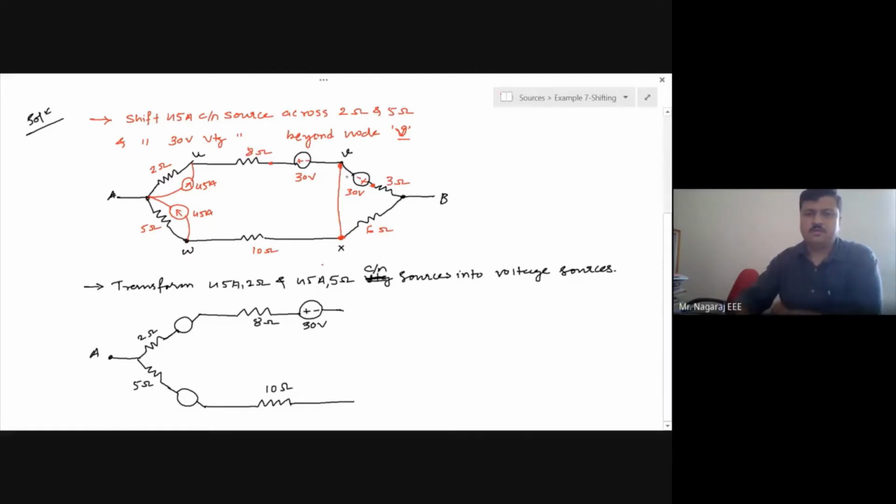Now observe, node V and node X are directly connected through a short circuit. They form the same node. So I will take it as the same node, and I will call it node V only. To this node V, I have a voltage source of 30 volts.